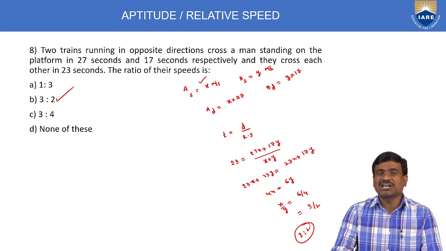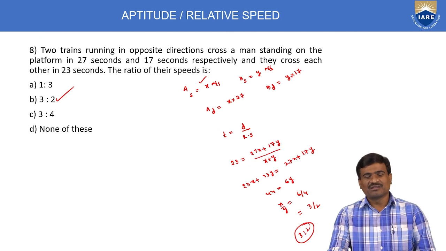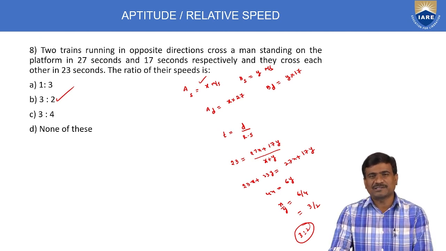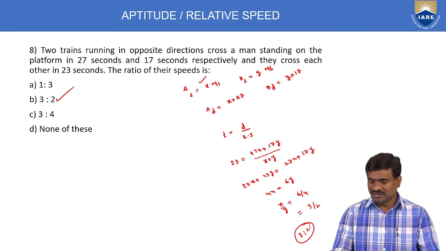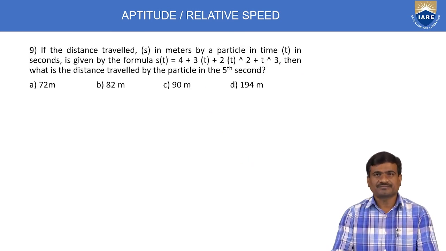Meeting time is distance by relative speed. Here calculate x by y, or x is to y. 3 by 2, 3 is to 2. Option B only is correct.